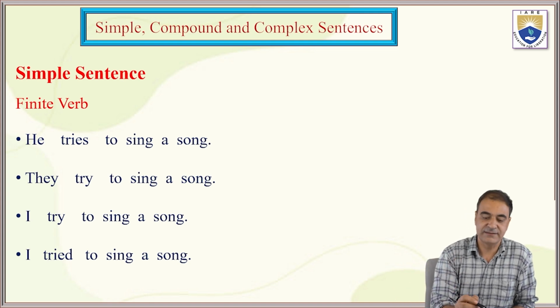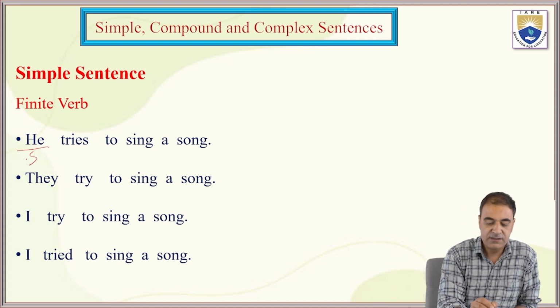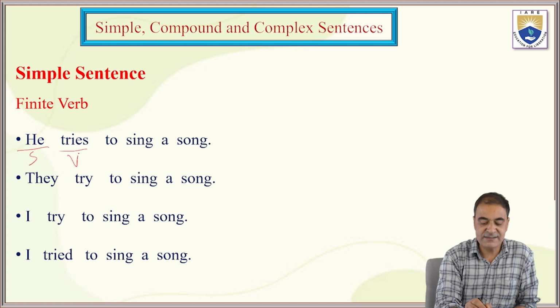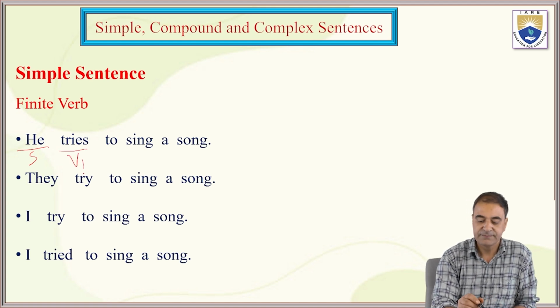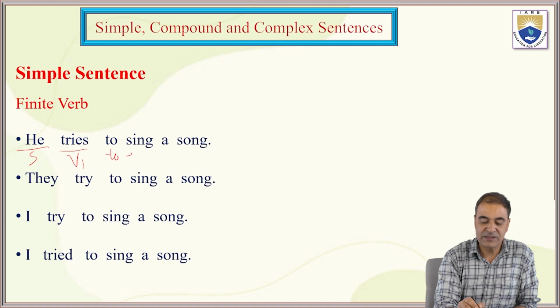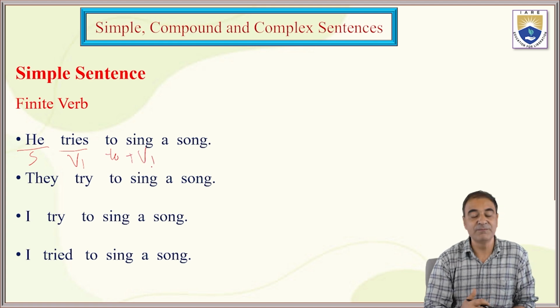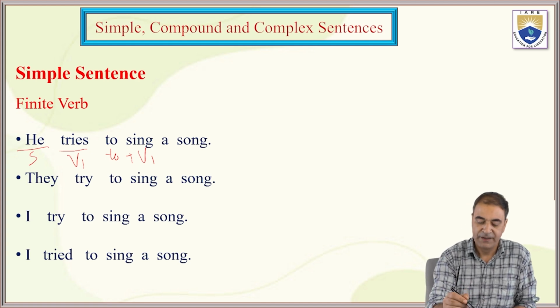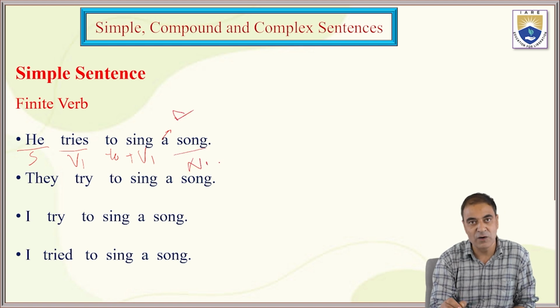If we take the first sentence, he, this is the subject, followed by tries. This is the verb in first form. And then we have to plus sing. This is the verb in first form because we know sing is the verb first form, its second form is sang, and its third form is sung. And then we have the article, and then we have song. Song is a noun.